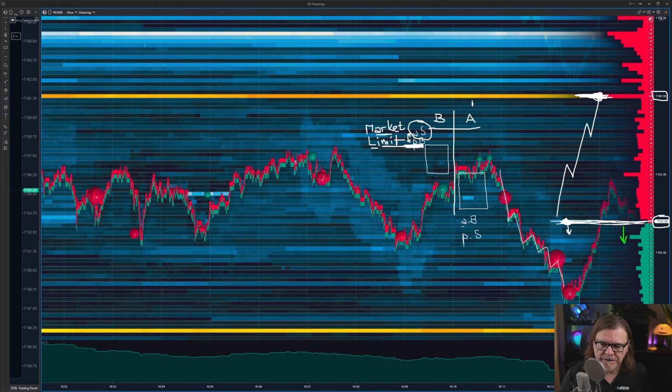For example, here at this level, you see that this rectangle is long, which means that this number 127 represents 127 waiting limit buy orders below the price, and they wait to be executed. And the rectangle is long because 127 is a pretty huge number, isn't it?